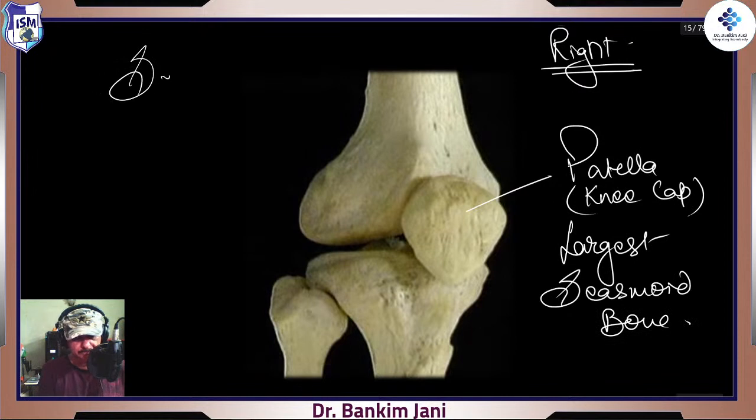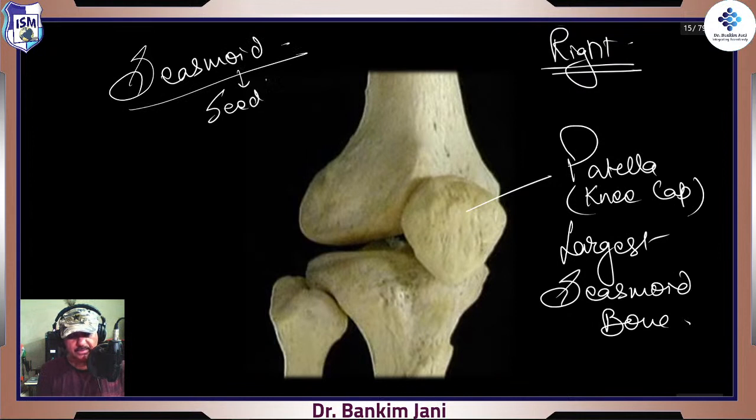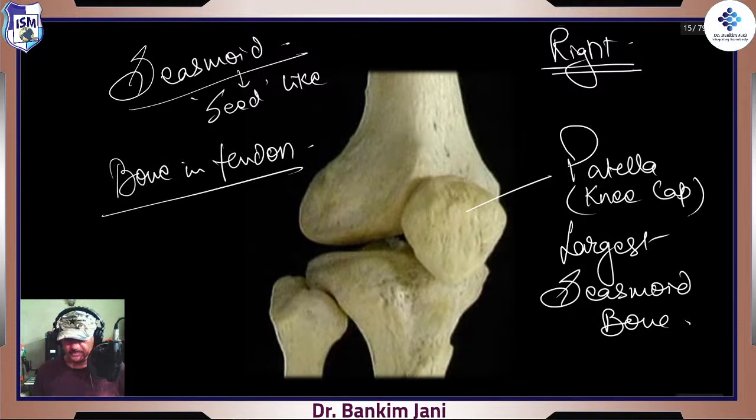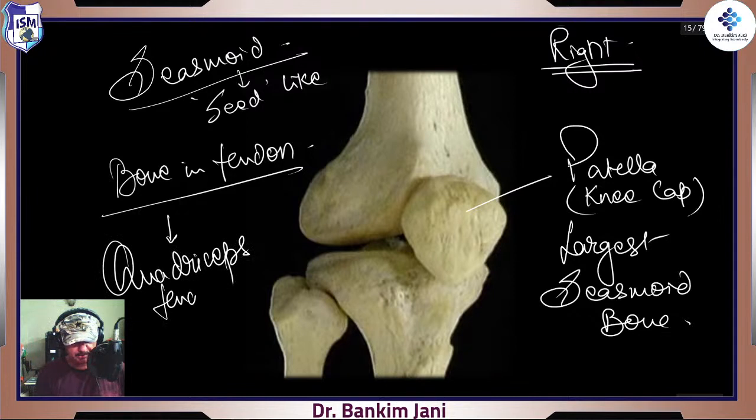Well, the word sesamoid came from seed-like. It is like a seed. And this is a bone which is in a tendon. Over here we have the quadriceps tendon.